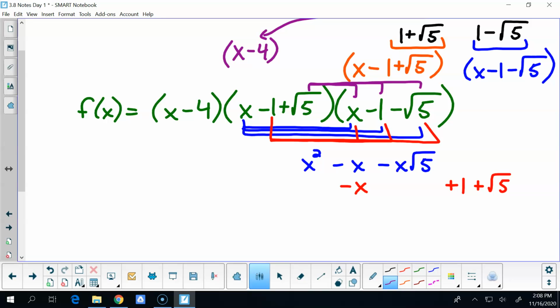That's going to be plus x square roots of 5, minus the square root of 5, minus 5.